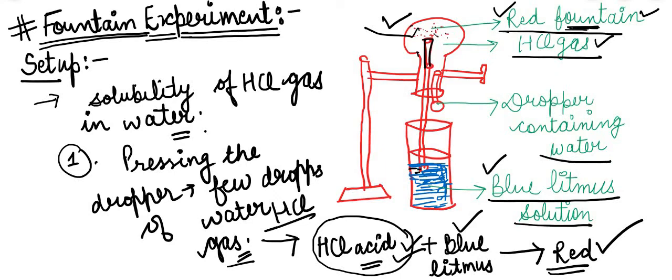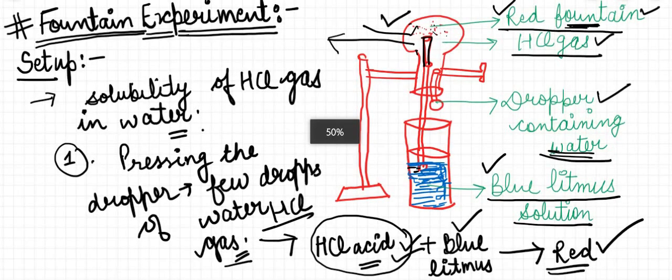So what happened here? The hydrogen chloride gas that is present in the flask gets dissolved in the small amount of water. When the water that we are passing from this dropper dissolves the gas, the pressure that is present inside that flask is reduced.